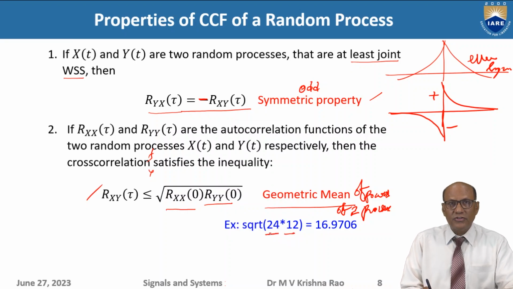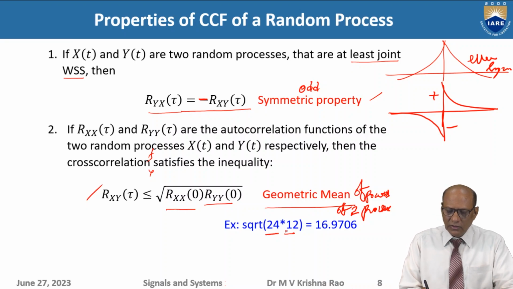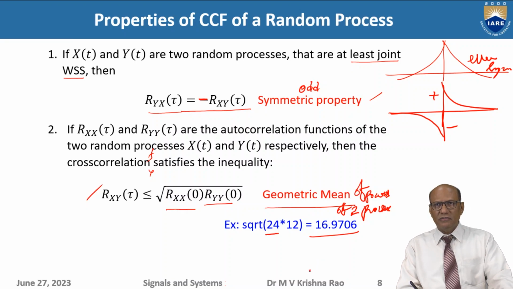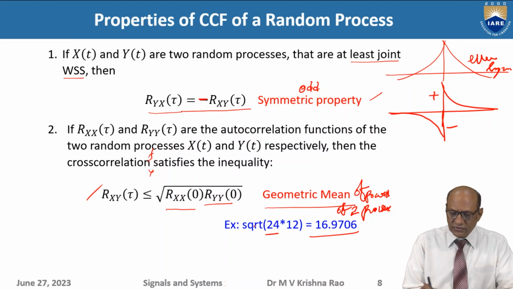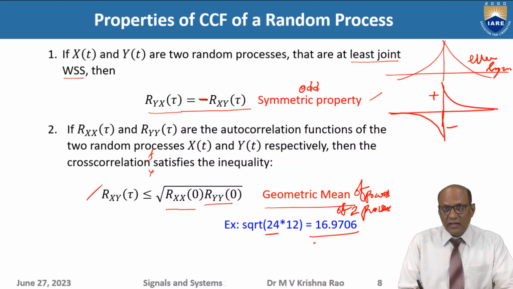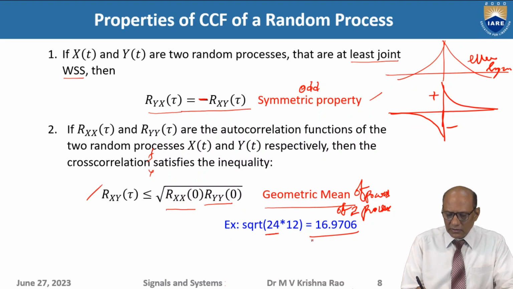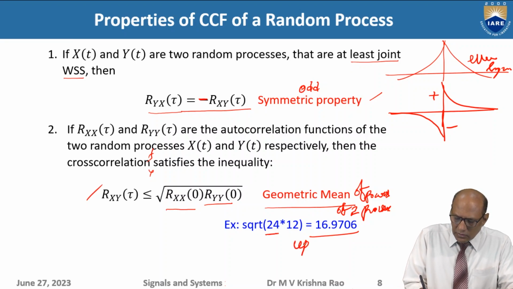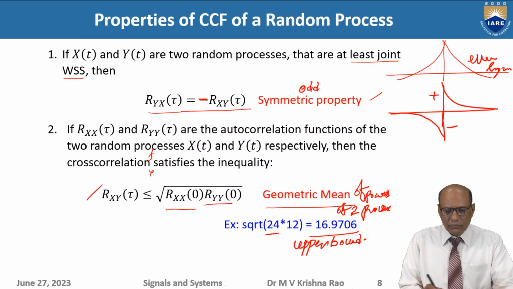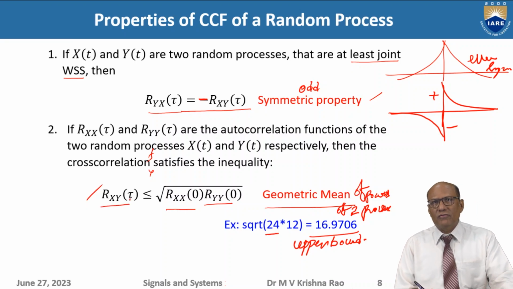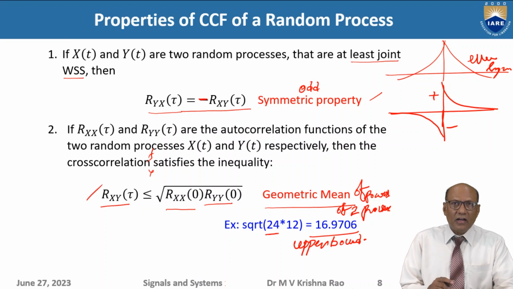So I want to find the geometric mean: 24 multiplied by 12 and square root. When I take the square root, I get 16.9706. What is this one? This is the limit, basically the upper bound. This is the upper bound for this cross correlation function. So a cross correlation function cannot be more than the geometric mean of both powers.